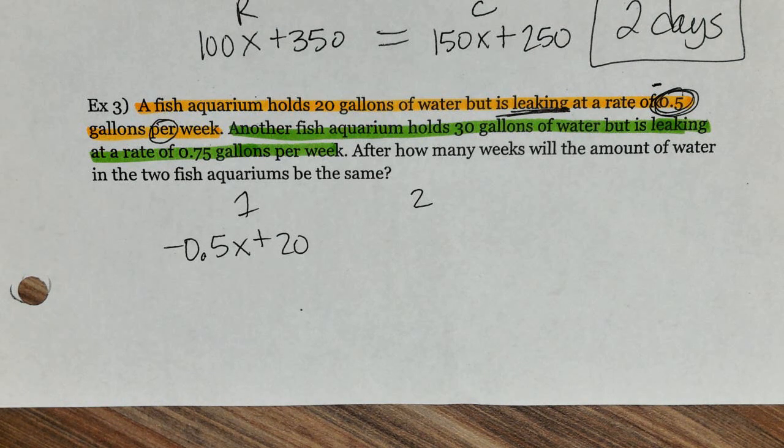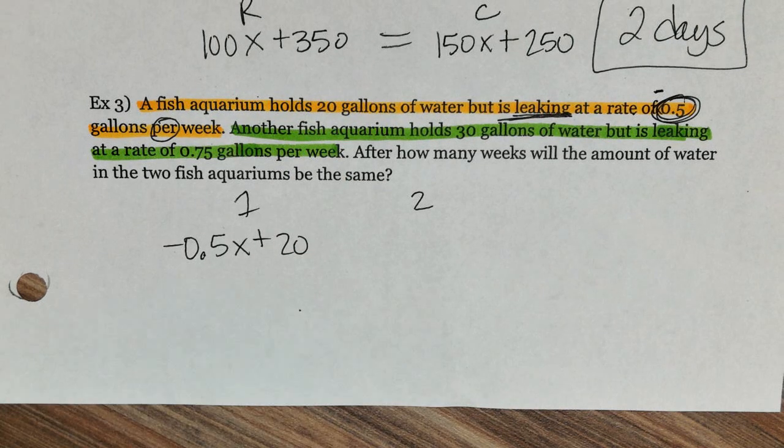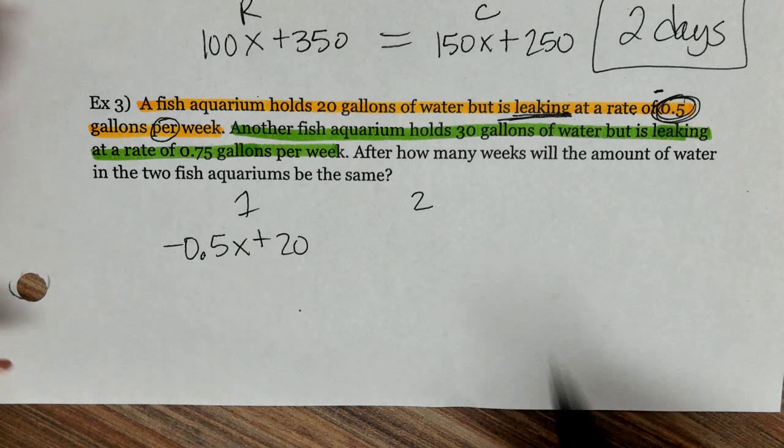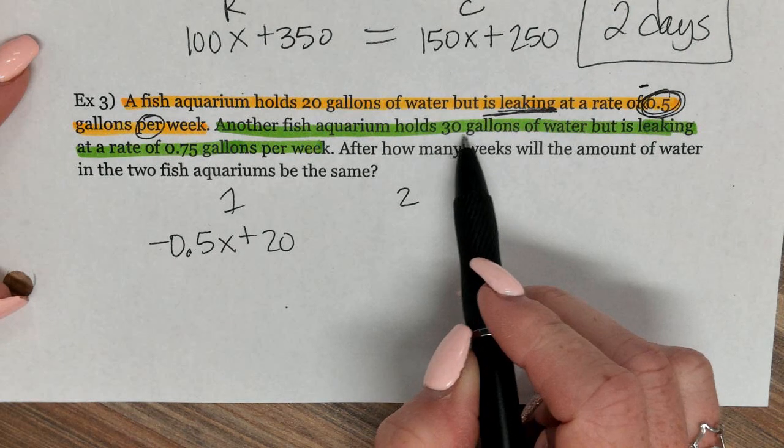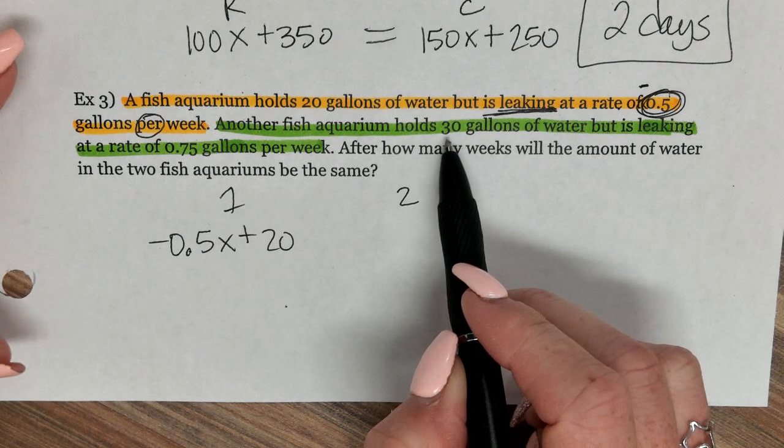All right, I want to see if you can write the second aquarium on your own. So we actually got it right. We didn't mess up. All right, is 30 positive or negative? Positive, because that's how many gallons it starts with.